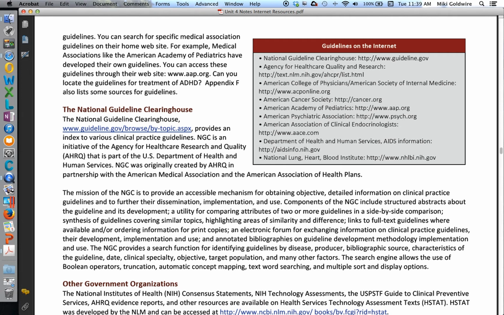Components of the NGC include structured abstracts about the guideline and its development, a utility for comparing attributes of two or more guidelines in a side-by-side comparison, synthesis of guidelines covering similar topics, highlighting areas of similarity and difference, links to full-text guidelines where available, and or ordering information for print copies, an electronic forum for exchanging information on clinical practice guidelines, their development, implementation, and use, and an annotated bibliography on guideline development methodology, implementation, and use.